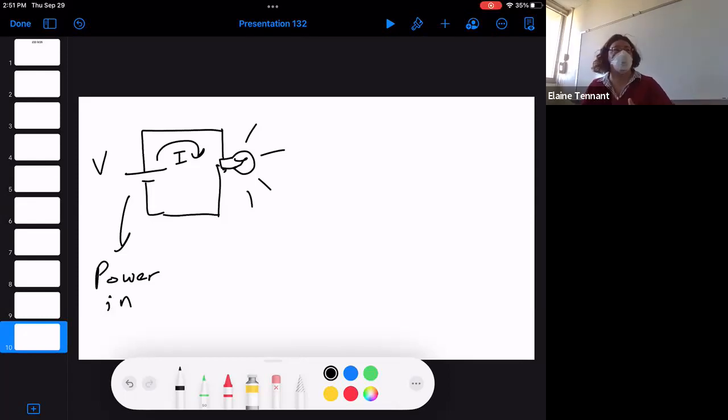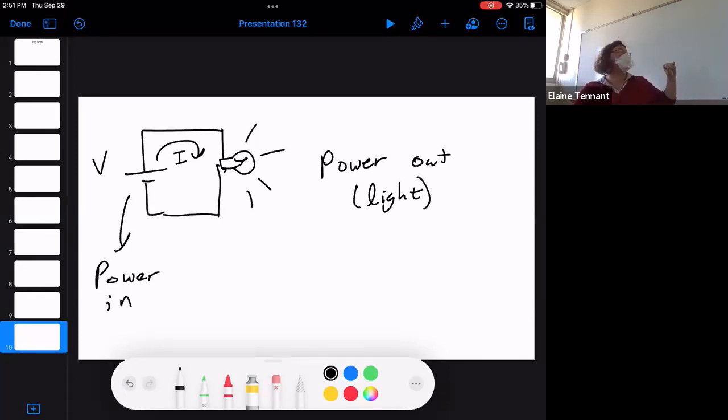Like every second it puts in X amount of energy. And that will equal the power out of the circuit in the form of light. And so you could very easily measure how much energy is coming out of that light bulb. The amount of energy coming out of that light bulb every second is going to equal the amount of energy going in from that battery every second. Excellent.